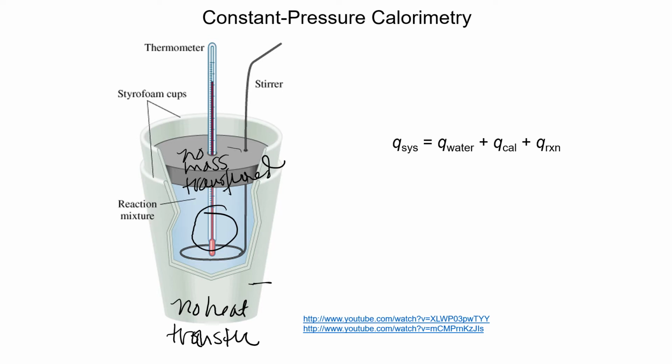Okay. So, starting with the first law of thermodynamics, Q of the system is going to equal Q of the water plus Q of the calorimeter plus Q of the reaction. And Q of the system equals 0.